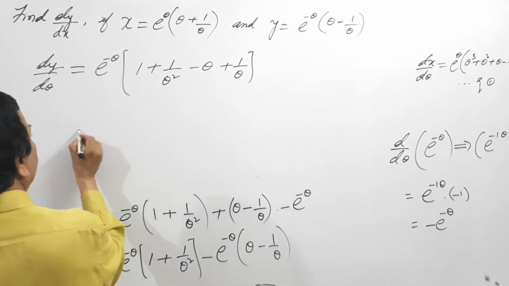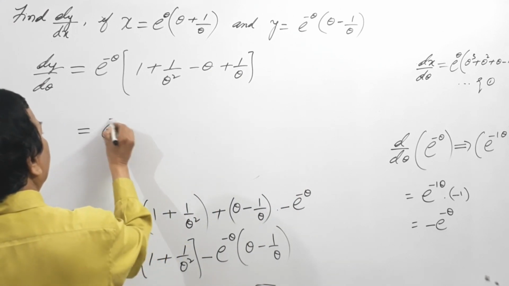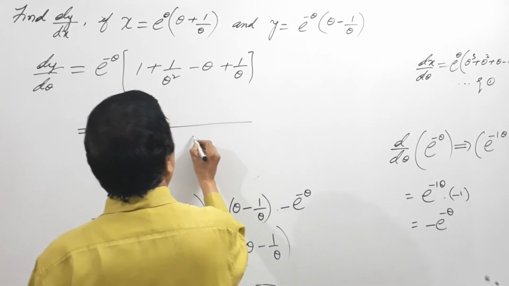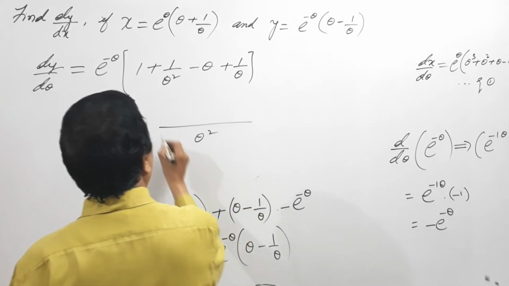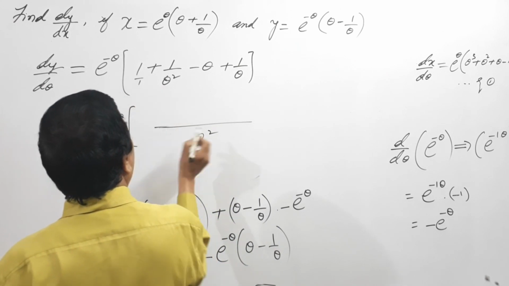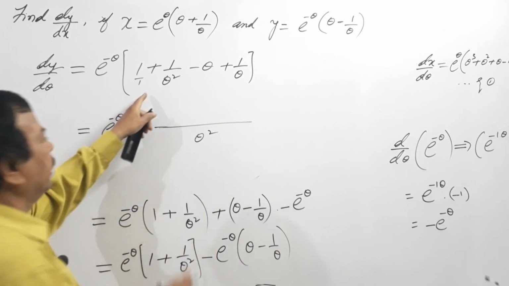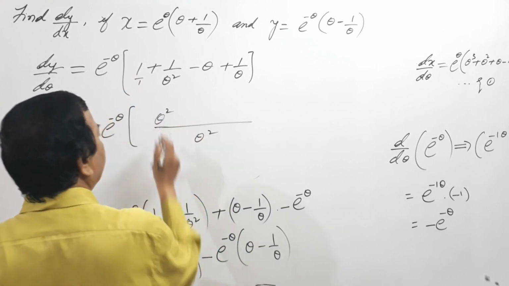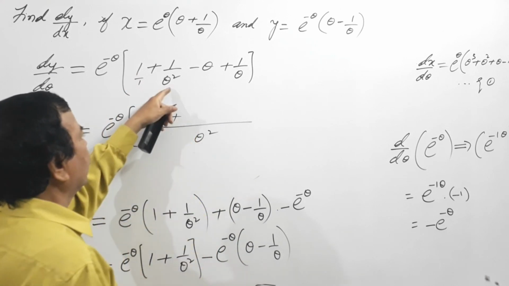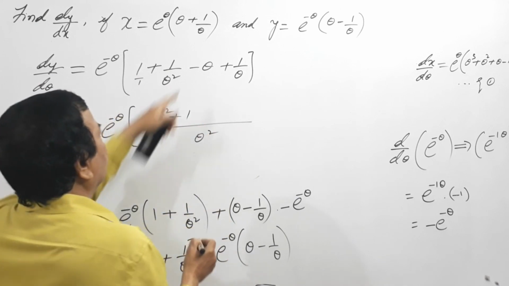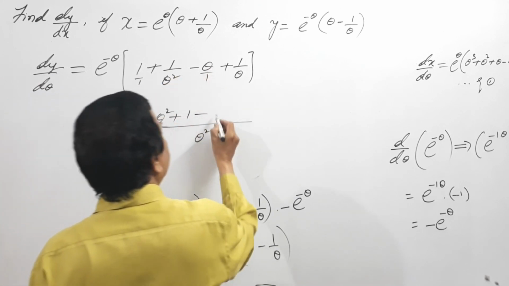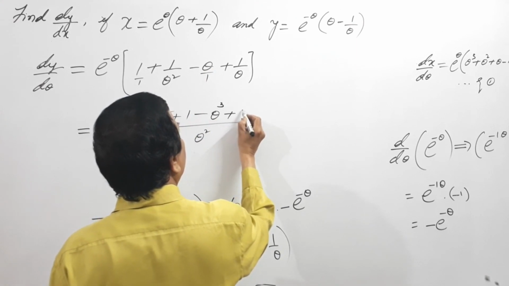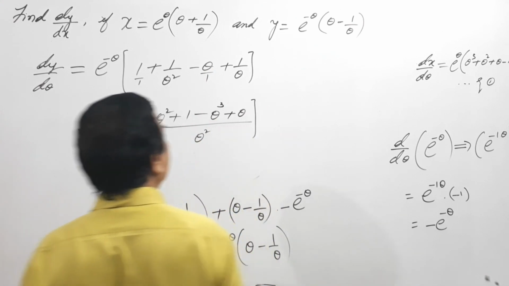So again take LCM. This is e to the power of minus theta. So once again we will have theta square, this becomes 1. So theta square into 1 is theta square, plus 1 minus sign into theta is theta cube plus theta.